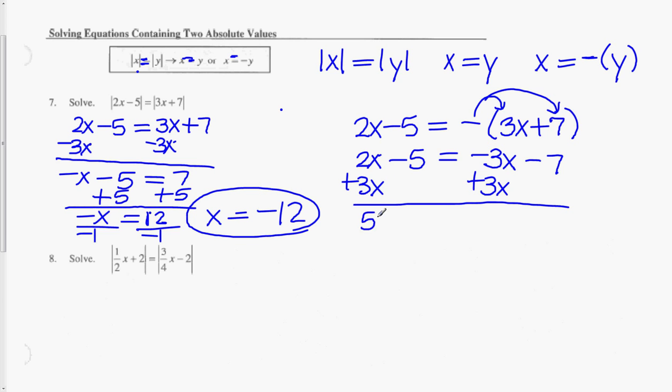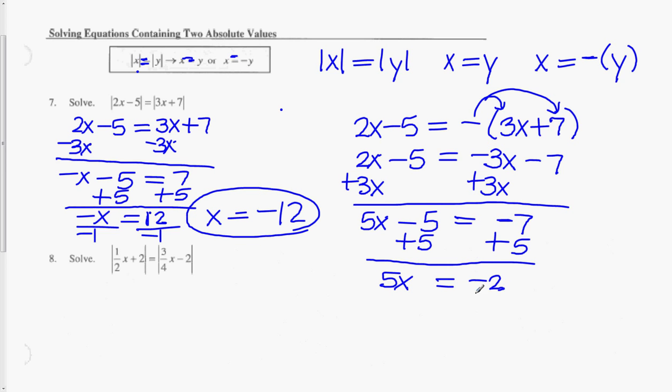I'm going to have 5x minus 5 equals negative 7. Add 5 to both sides. So 5x equals negative 2, and then divide by 5. So my other answer is x equals negative 2/5.